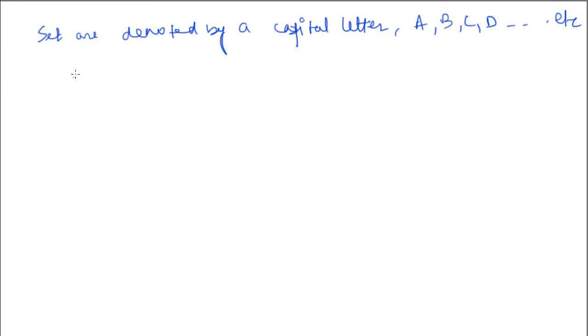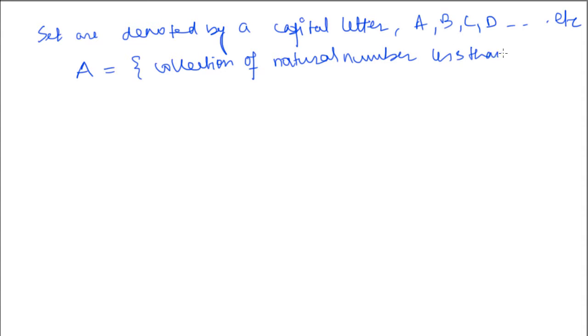For example, let's suppose I have a set A and this set is a collection of natural numbers less than 10. So this is a set because this collection remains same for everyone. If I have to write down natural numbers less than 7, this would remain same for everyone. So this is how I denote a set.